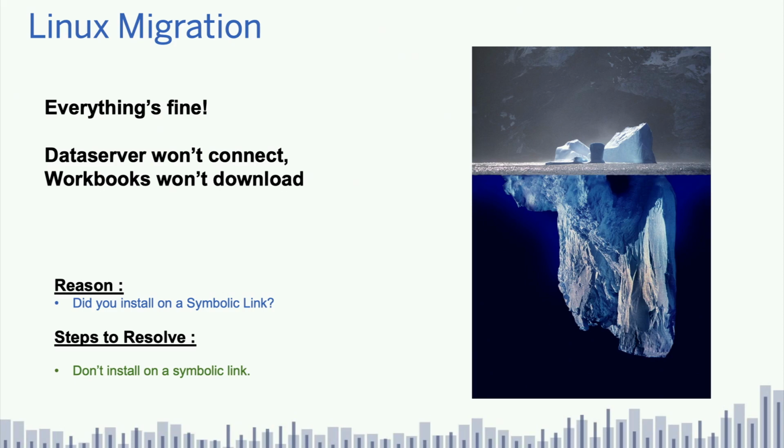Zach, what about Windows? Well, with Windows you don't have this problem, but we still want to follow best practices to install on fast disks. You don't want to install Tableau over a network file share. You want it on local disks or a fast SAN. This redirection is really a common practice on Linux.